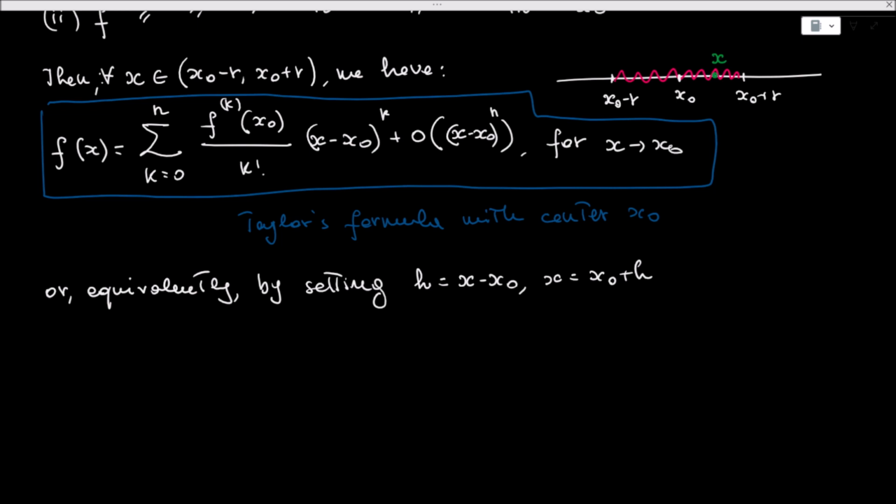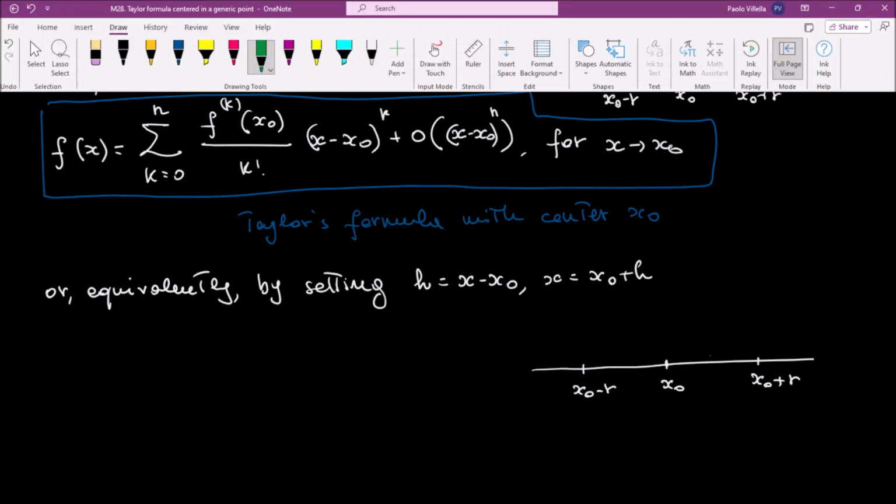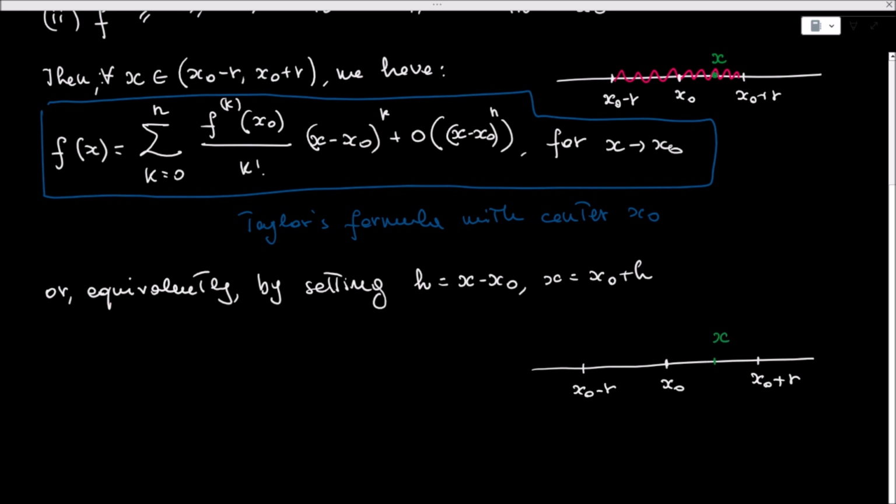Let me represent this. We have x0 here, this is x0 minus r, this is x0 plus r. And we are picking now a point x, any point x that belongs to this open interval, which can also be represented by just an increment h, that is the distance of x from the center x0.